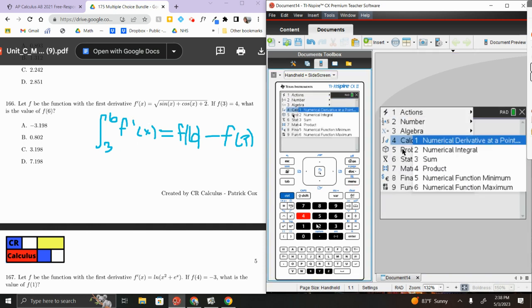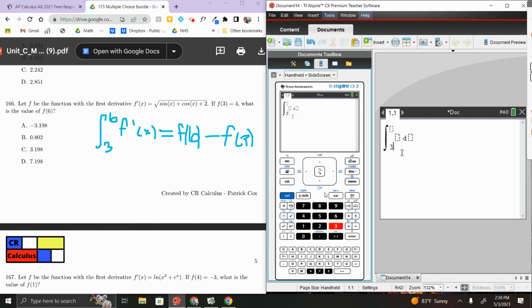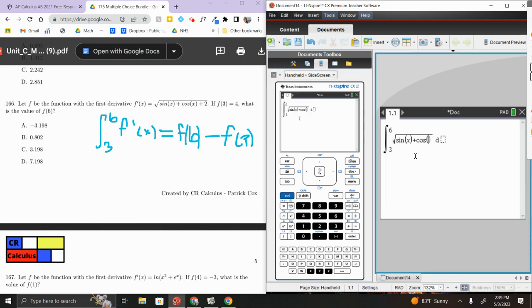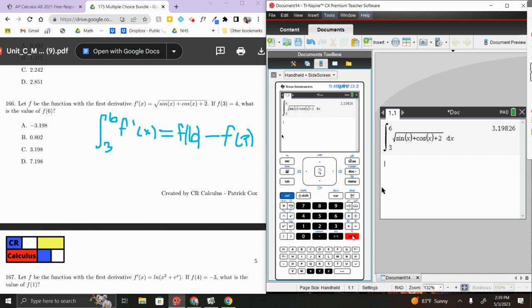So menu, integral, from 3 to 6, of the square root of sine x plus cosine x plus 2. So you should get 3.198.